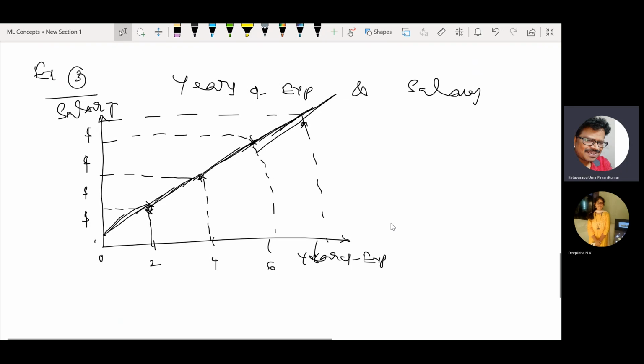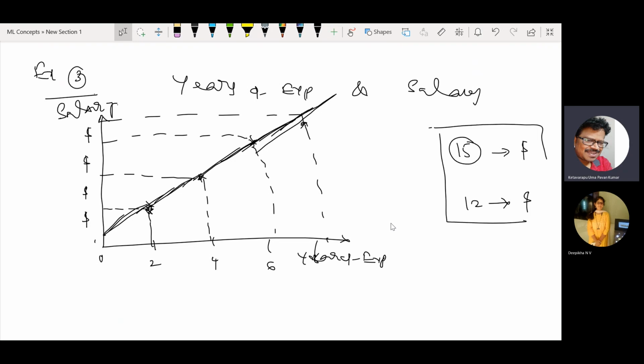Because at the end of this model, maybe I input 15 years of experience, and I should get the salary I can offer. Maybe 12 years of experience, how much do I offer? I want to use my model to get the appropriate salary I can afford based on the experience.